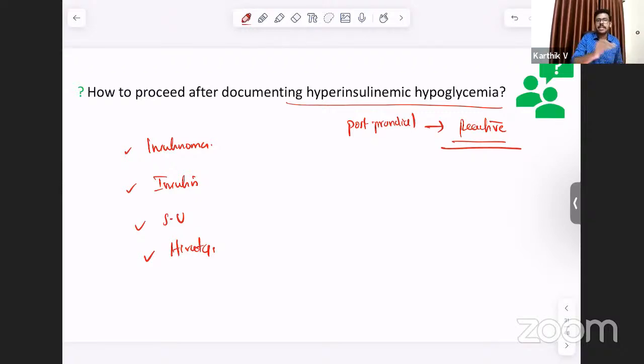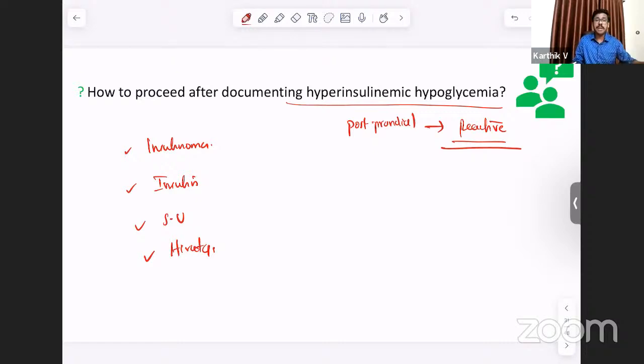You send the blood sample in a fluoride bottle for blood glucose assessment. That assessment will be available in as early as 20 minutes. So when that report is available and that too is showing a value less than 55 milligram per deciliter, only then will you ask the patient to stop the fast.